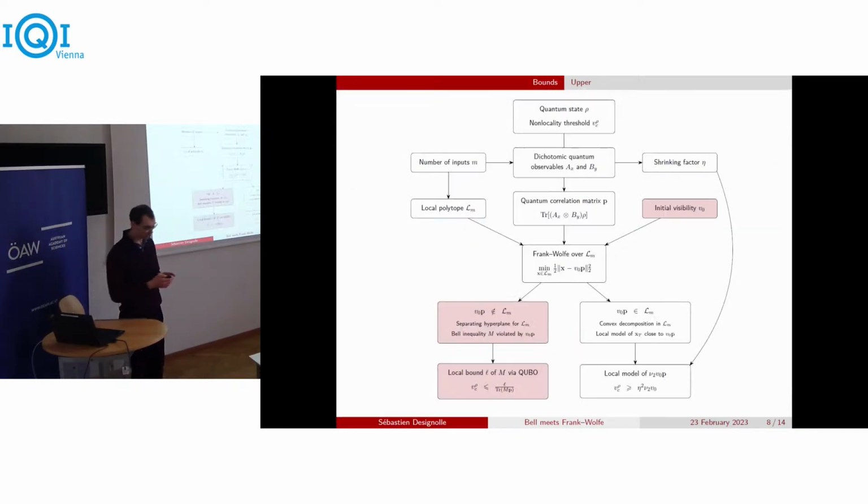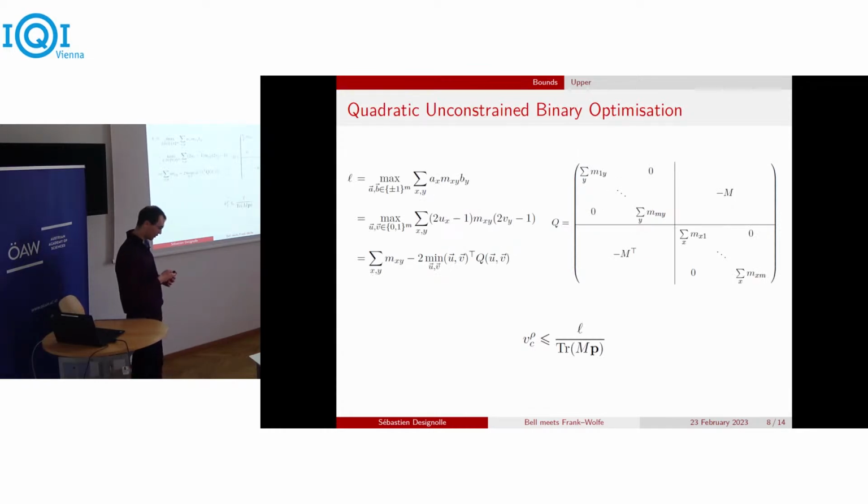So this was the upper bound part. So how do you do it? What are the techniques that you use to solve this quadratic binary problem? So this is the shadow part of the talk and of the paper as well. I discussed that with Mateus a bit this week. So unfortunately, the solver that we could have access to here is closed source.